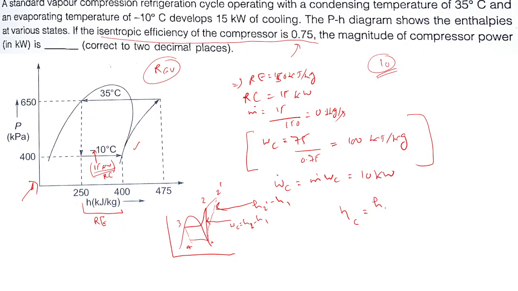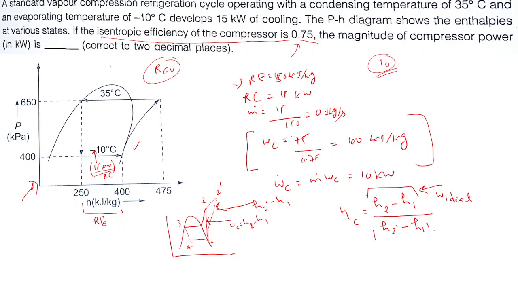Isentropic efficiency of the compressor means ideally how much work you have to give, h2 minus h1, and practically how much you are giving, h2 dash minus h1. So what is this? This is the ideal work, W ideal.